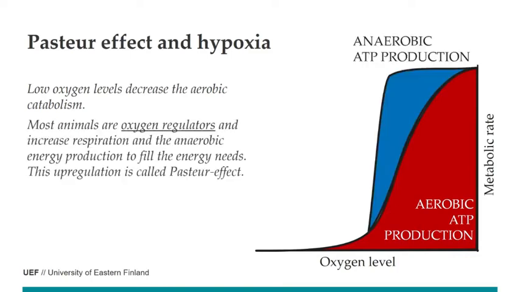And in most cases, we are oxygen regulators, so we increase the respiration, but also we increase the anaerobic energy production to fill the energy needs. And this is called the Pasteur effect.